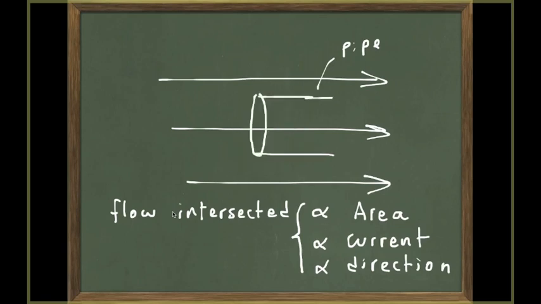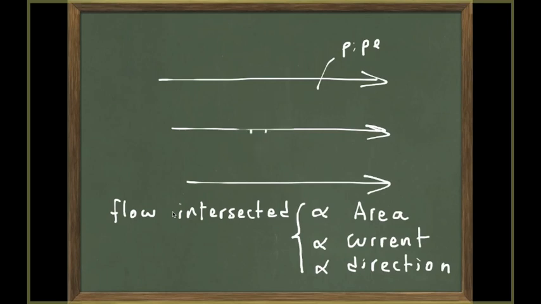So that's not as easy as just having the pipe facing the current. So the flow that you intersect with your pipe, to summarize, depends on the area, it depends on the current of the river, and it depends on the orientation of the pipe.